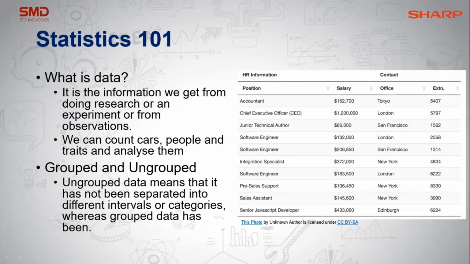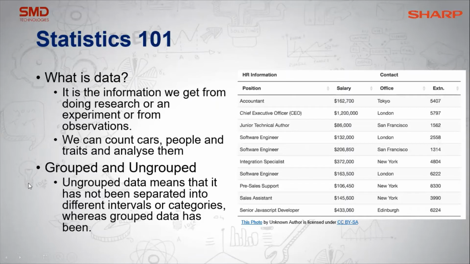The position is a type of data. The salary is a numerical, quantitative piece of data. The office is qualitative, it's a location. And your extension number is probably more qualitative than quantitative, because it's not really a number, it's the phone number. So that doesn't change, if you know what I mean.